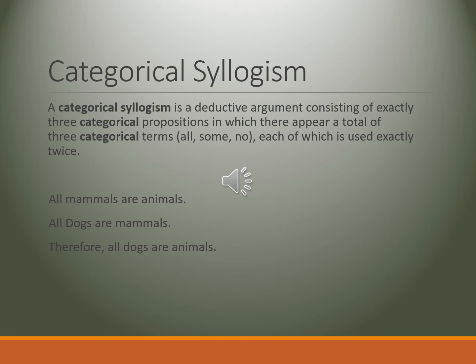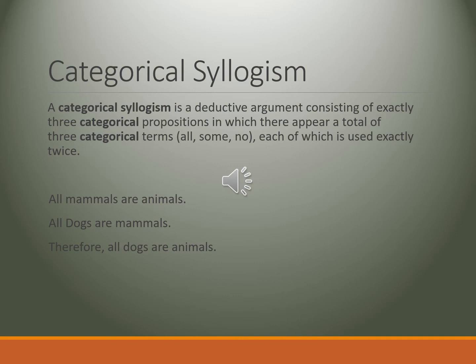A categorical syllogism is one where categories of things are related to each other, like all dogs relating to the category of all mammals, for example. So here we're talking about categories rather than individuals, okay? And so as you can see, a categorical argument has three categorical propositions in which some category term appears. And these are terms like all, some, or no.